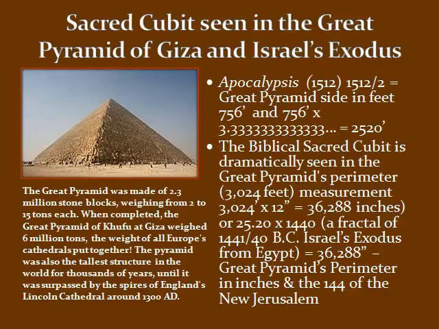When completed, the Great Pyramid of Khufu at Giza weighed 6 million tons, the weight of all Europe's cathedrals put together. The pyramid was also the tallest structure in the world for thousands of years, until it was surpassed by the spires of England's Lincoln Cathedral around 1300 AD.